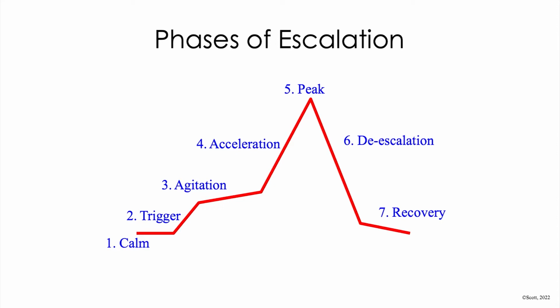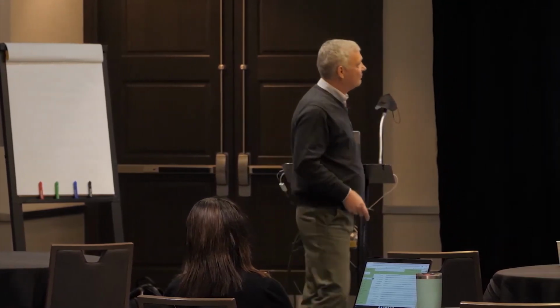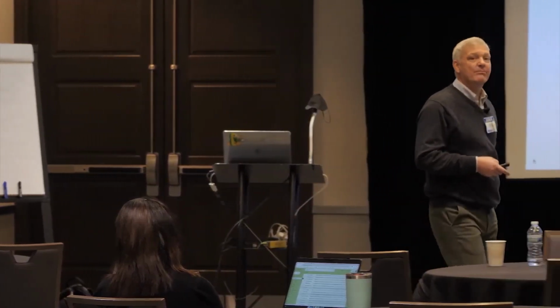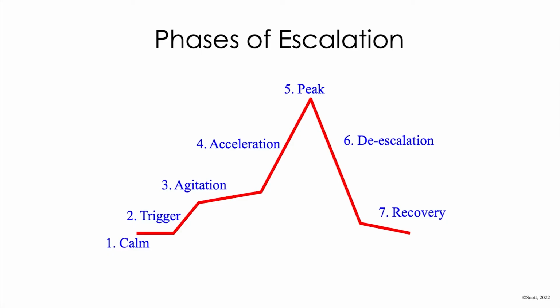It's going to go until it peaks. For some kids, that peak is way up there, and for some, not as far up. For some, it becomes violent outbursts, and for others, it becomes completely inward. But there'll be a peak, there'll be a period of time where they are de-escalating, and then there'll be a recovery phase before they're back to the calm.